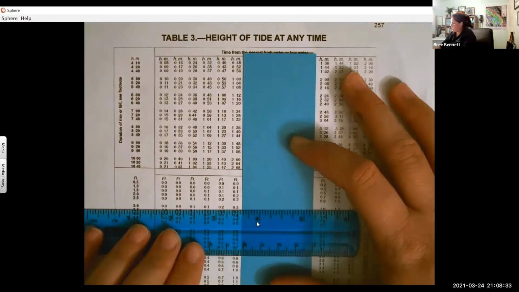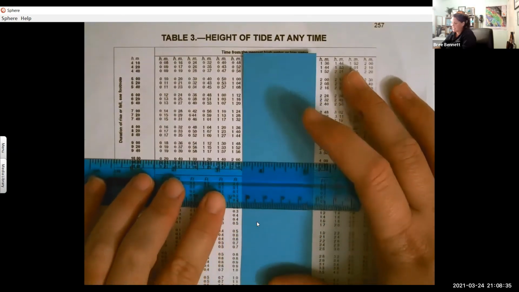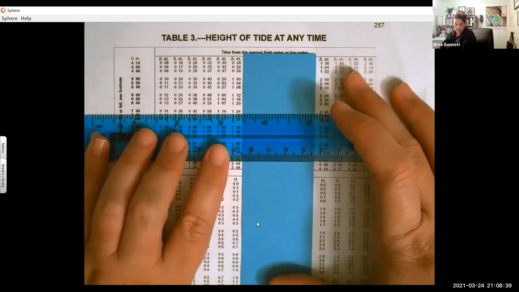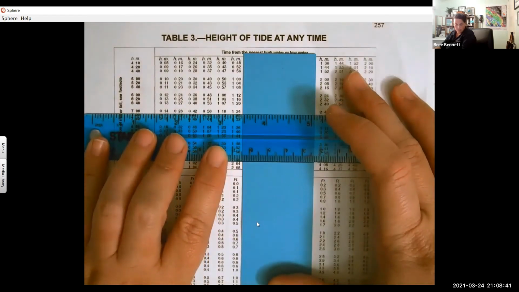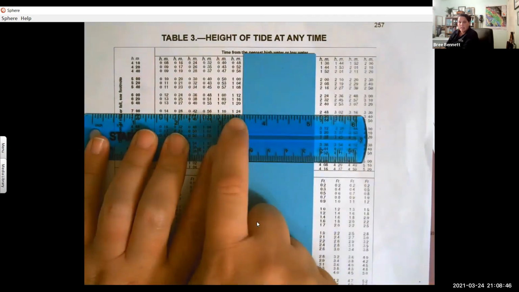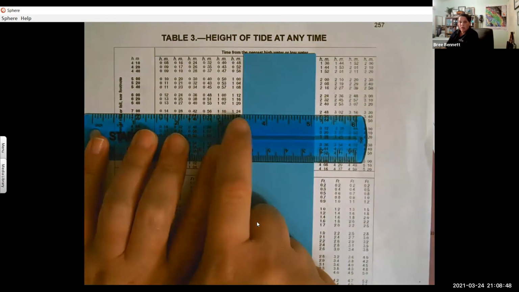So my duration was 6 hours, 53 minutes. That's going to be closest to 7. So my time to the nearest is going to be 1 hour and 24 minutes.